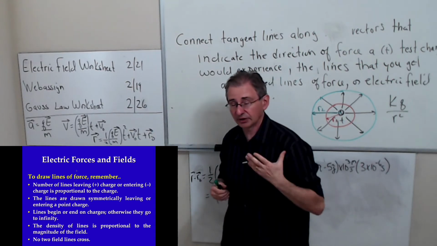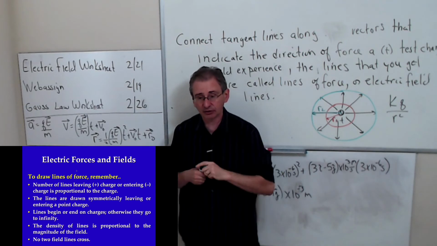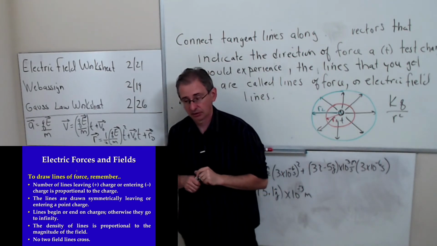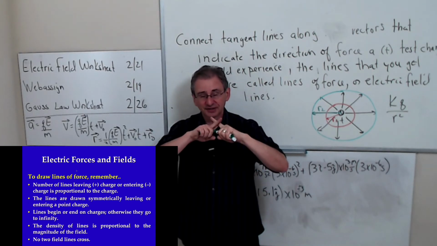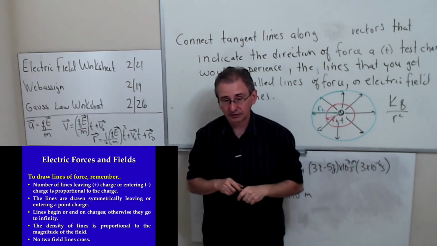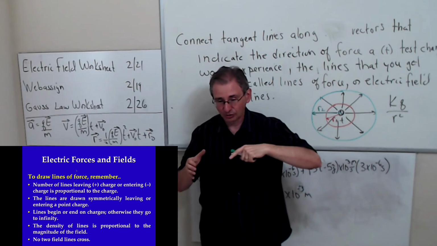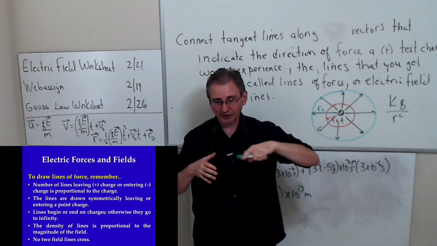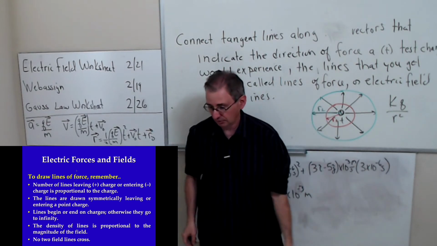A field, by definition, defines a unique vector at every location in space. If you have two vectors associated with a location in space, that's not a field. That's like friction. Friction is not a field because the direction of the friction vector at any location in space will depend on which path you take.